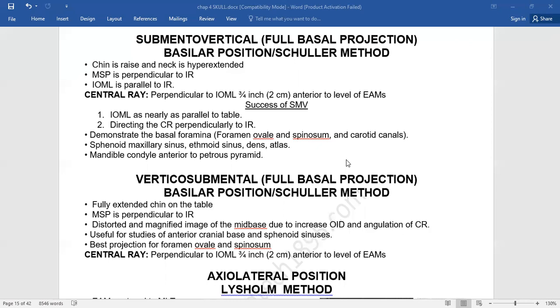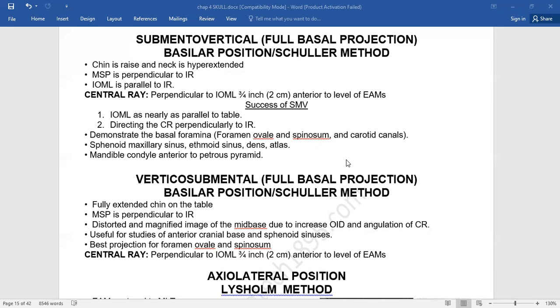The mandibular condyle can be seen anterior to the petrous pyramid. These are the criteria that tell us the projection is a success, meaning you have positioned the patient correctly and placed the central ray accordingly.